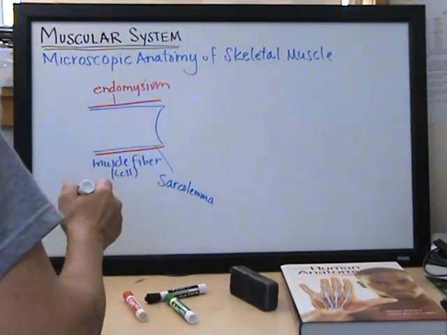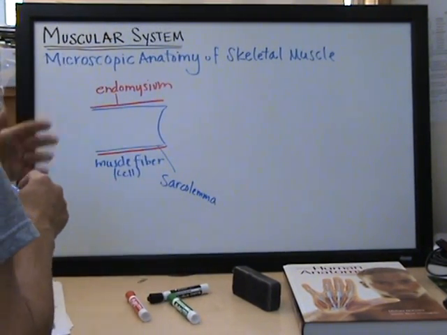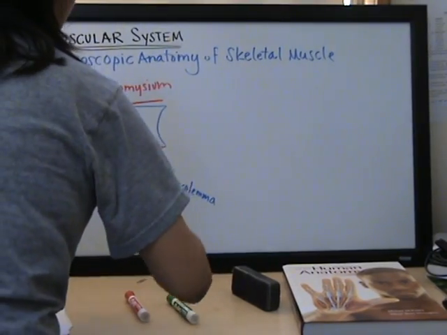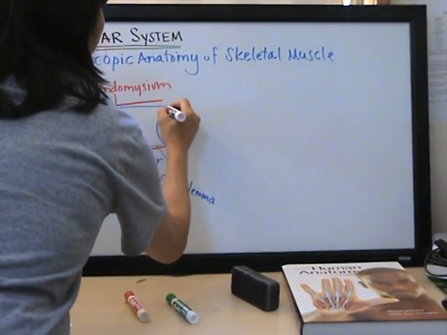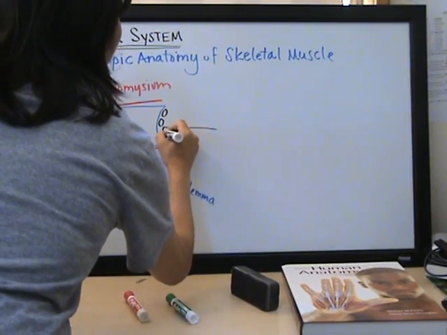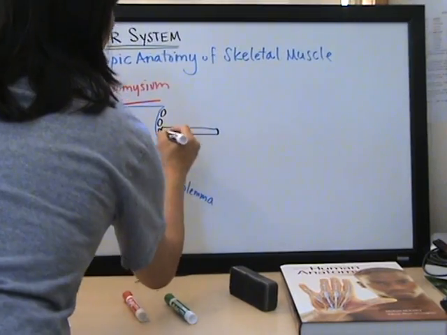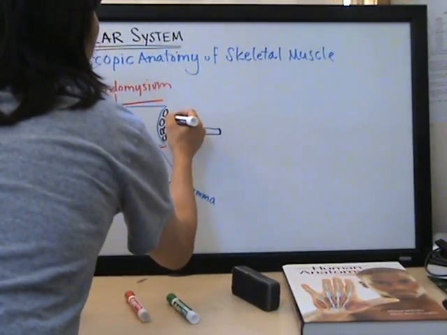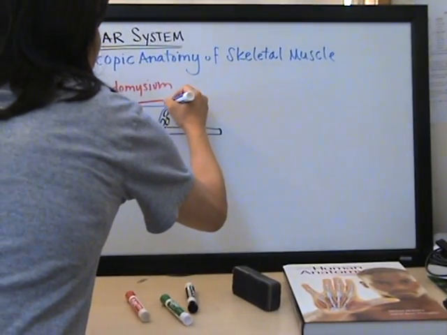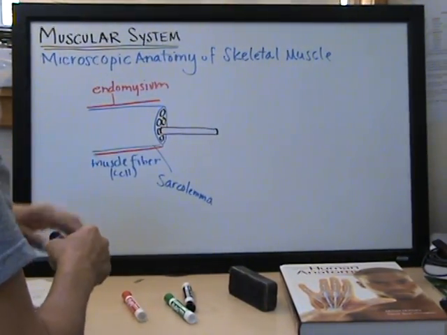The sarcolemma is the plasma membrane, or the cell membrane, of the muscle fiber or the muscle cell. All right, and recall that each muscle fiber or muscle cell is composed of these myofibrils that I pulled out there.